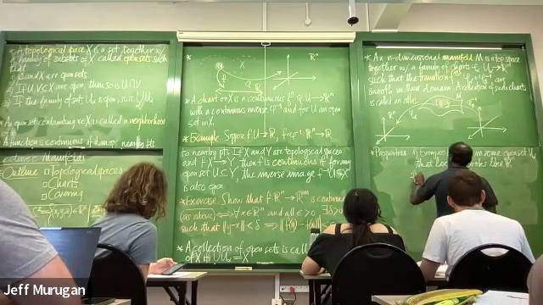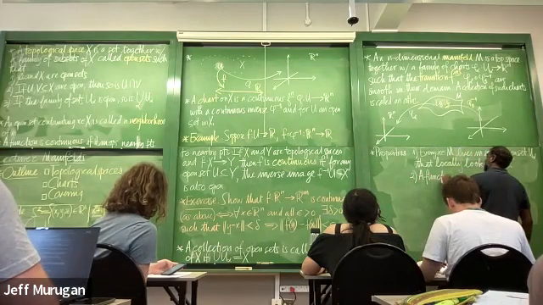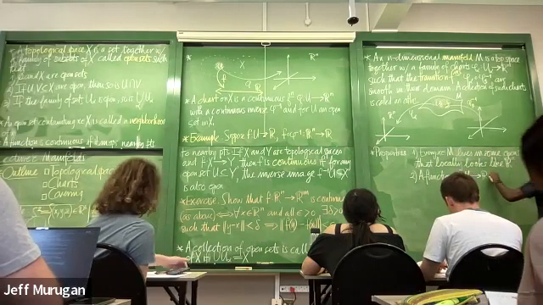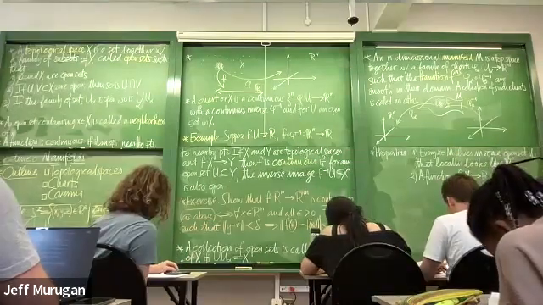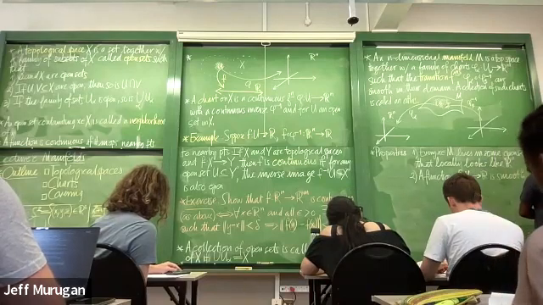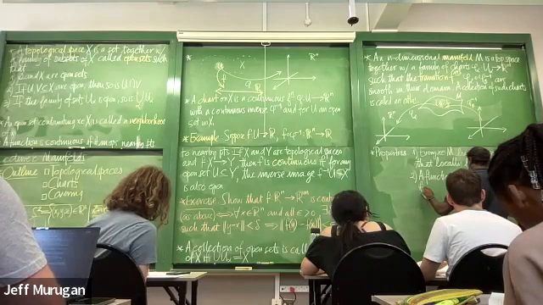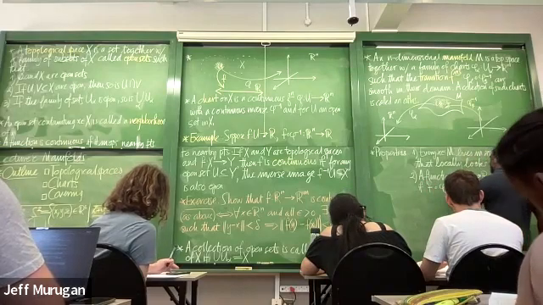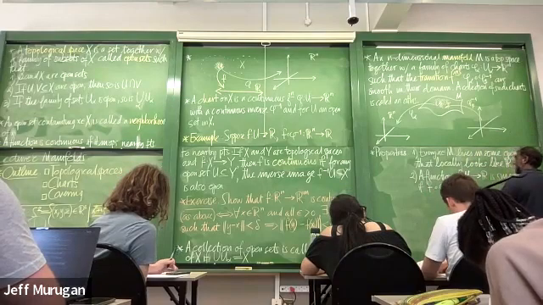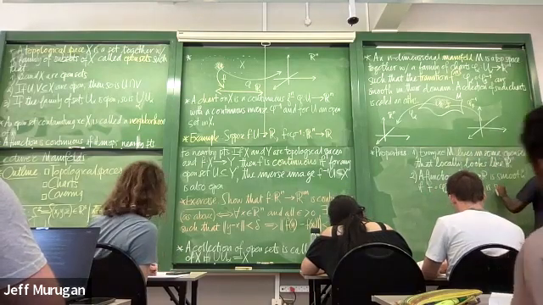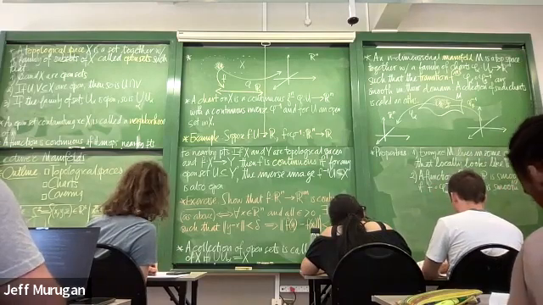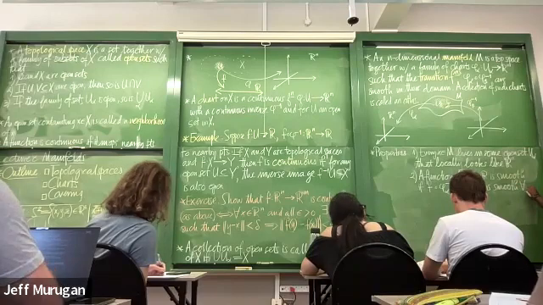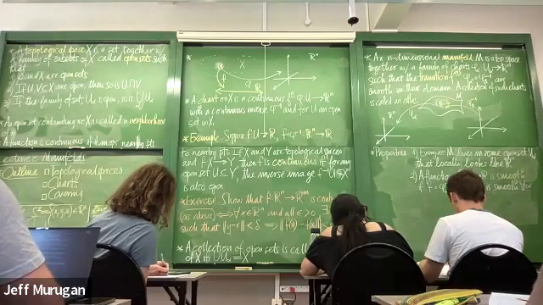So a function f is called a smooth function on the manifold M if f composed with phi alpha inverse, taking R^n to R, is smooth for every value of the parameter alpha.